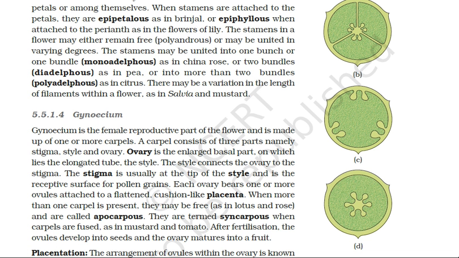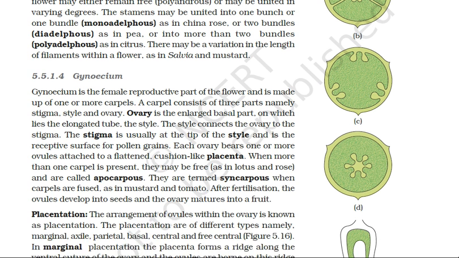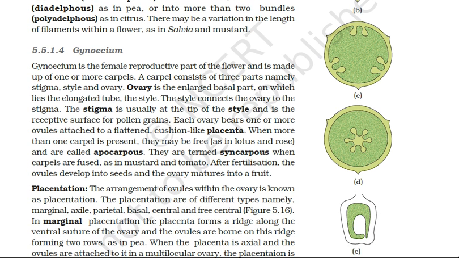I repeat, the ovules are borne on the central axis and the septa are absent. Example, dianthus and primrose. Next type, represented by E on the screen, is basal placentation.